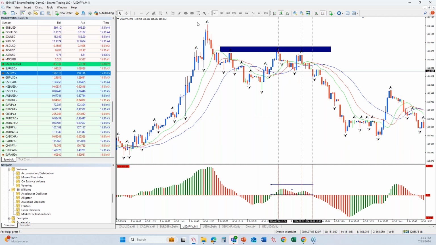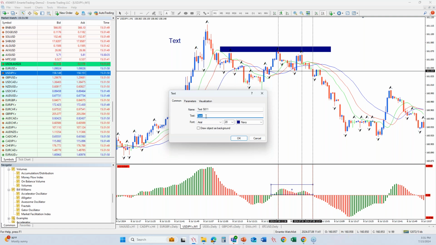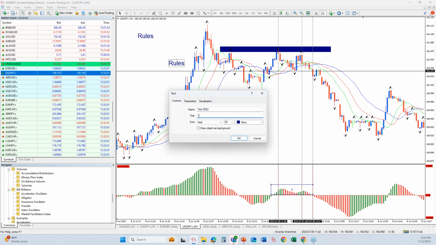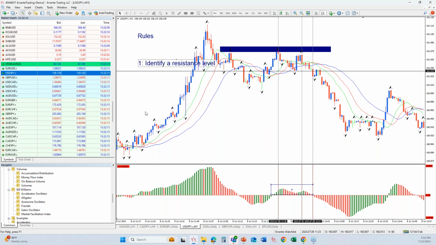So the first, if I want to state here, as a rule, is to identify a resistance level here, okay?